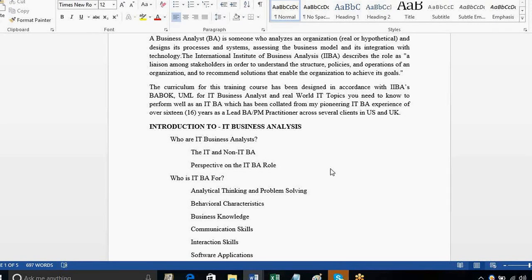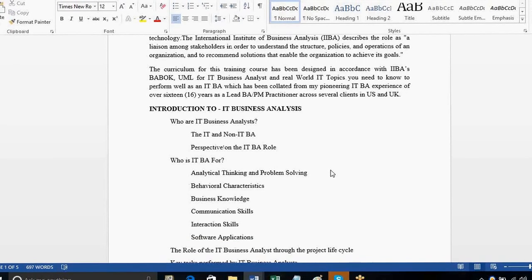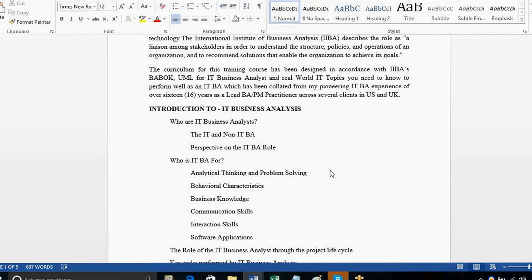And here, the perspective on this ITBA role is that it's somebody who starts all the way from the beginning of the software development life cycle. How many of you are familiar?